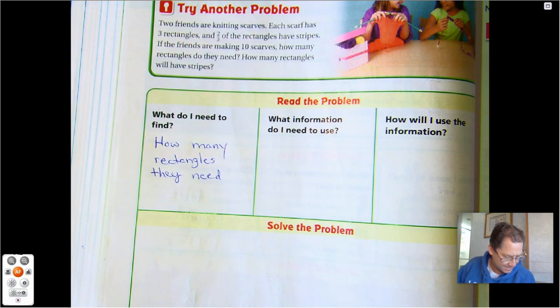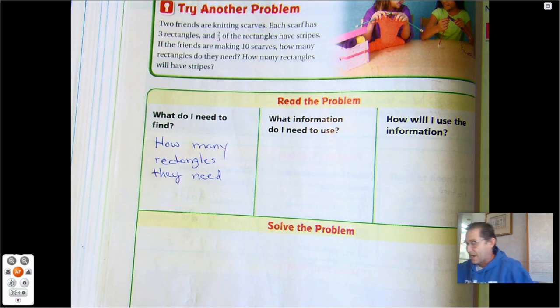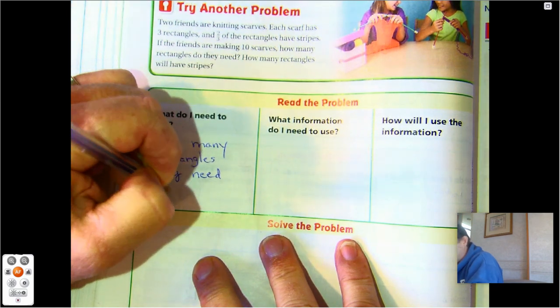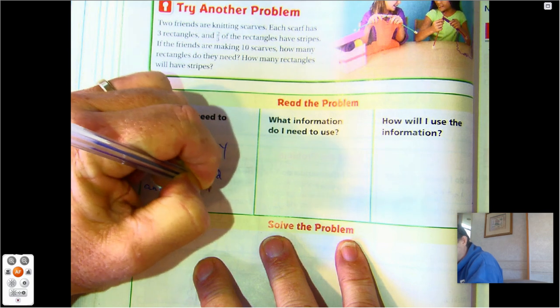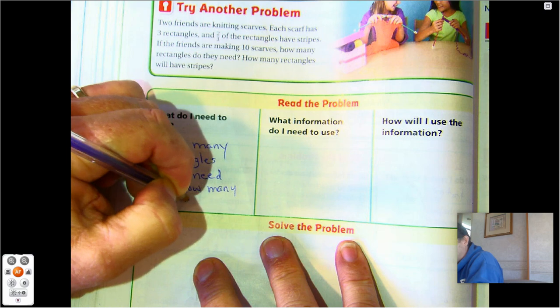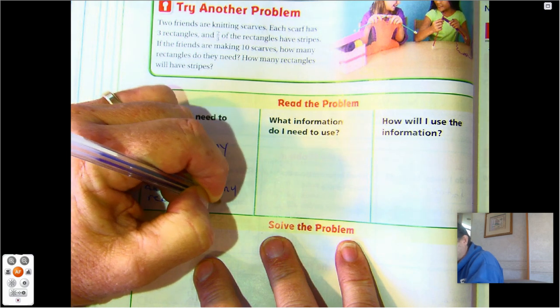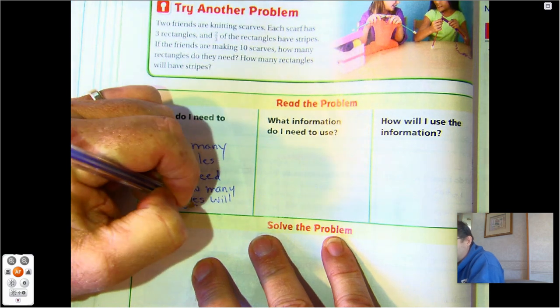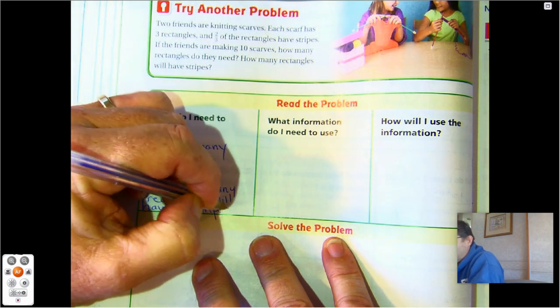And I also need to know how many rectangles will have stripes.